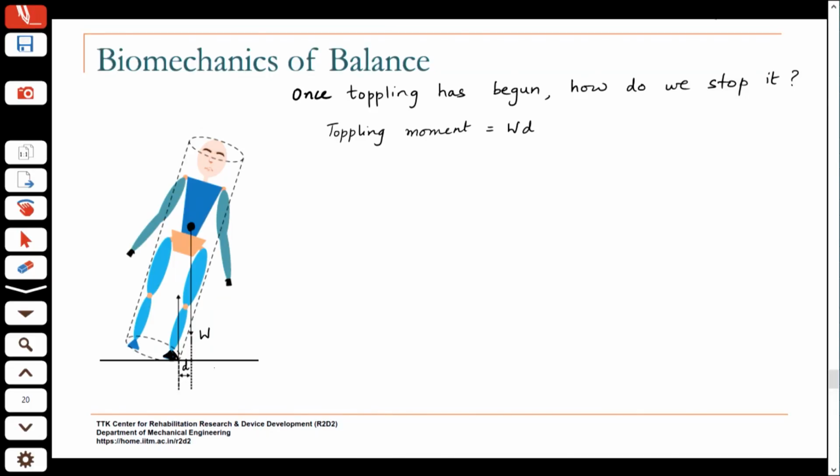So, since this d is going to be increasing very quickly, you can only recover balance if you act very quickly. Okay. So, beyond a point there is really not much you can do. So, let us see, if the body has a fixed configuration like this, where you think of the body as like a solid cylinder, then there is really not much you can do.